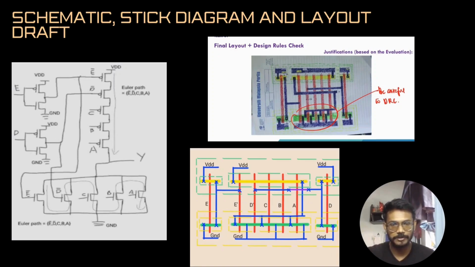Then we drew a stick diagram to design our layout later. This is the final draft we had before we proceeded to designing the schematic and the layout in Mentor Graphics.